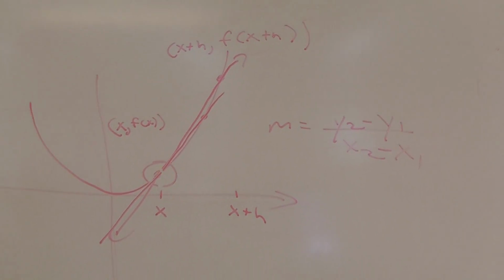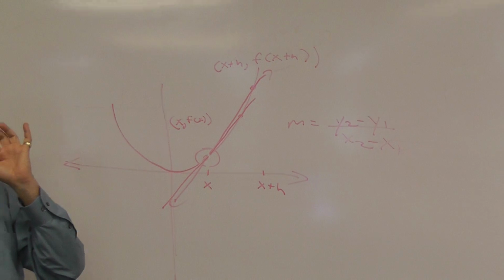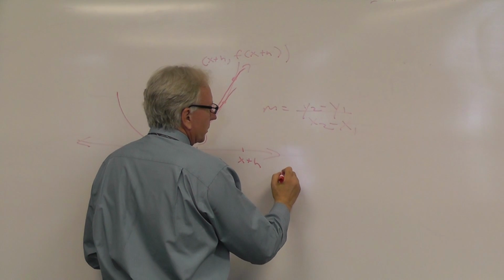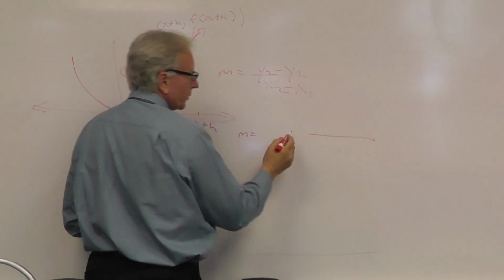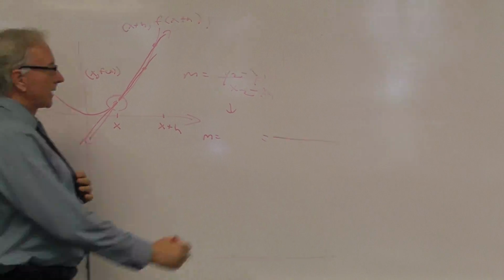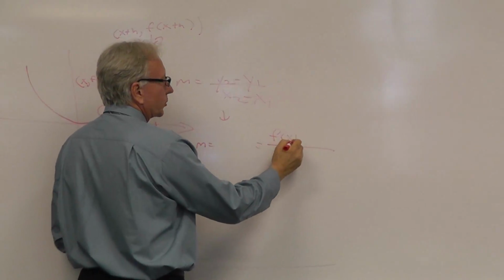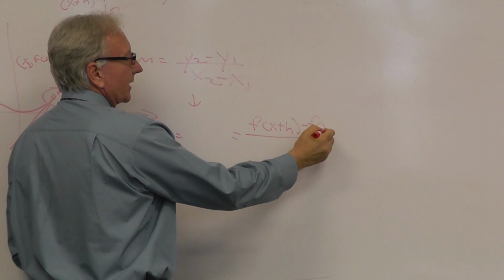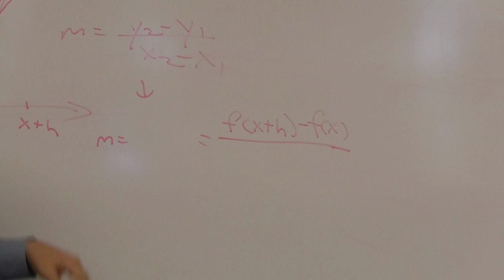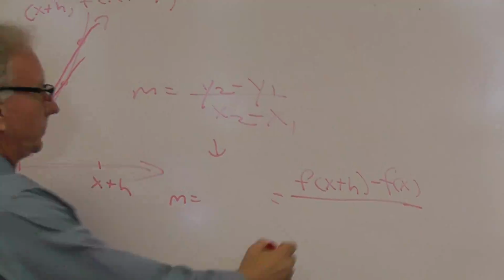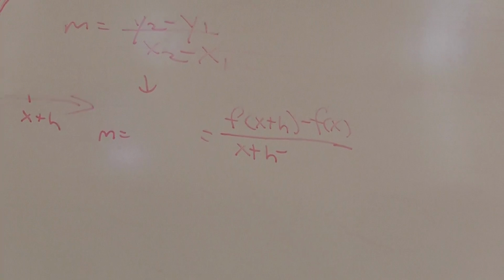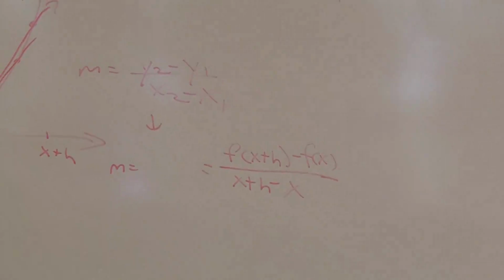So to find the slope of the secant line, I'm going to use the formula, and it's simply going to be slope is equal to, I'm going to put this over here because I'm going to do something in between in a few minutes. I'm going to get f of x plus h minus f of x. Okay, that's y2 minus y1 over x2, which is x plus h, minus x1, which is x, right?